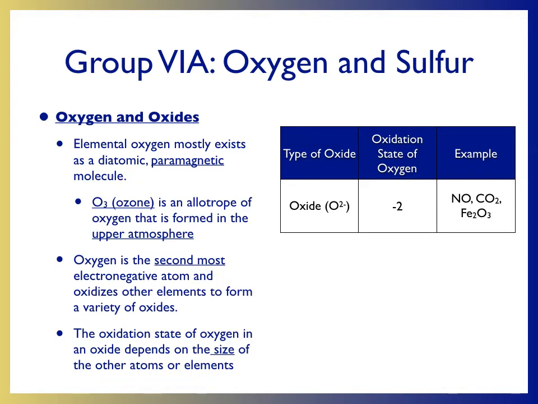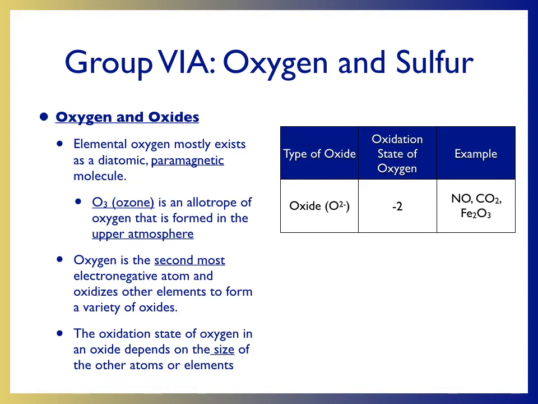The examples here that we give are nitric oxide, NO, carbon dioxide, CO2, and iron(III) oxide, which is Fe2O3, or the main component of rust. Again, all these elements are towards the top 3 rows of the periodic table and have small atomic radii, which will be closer in size to the oxide ion.